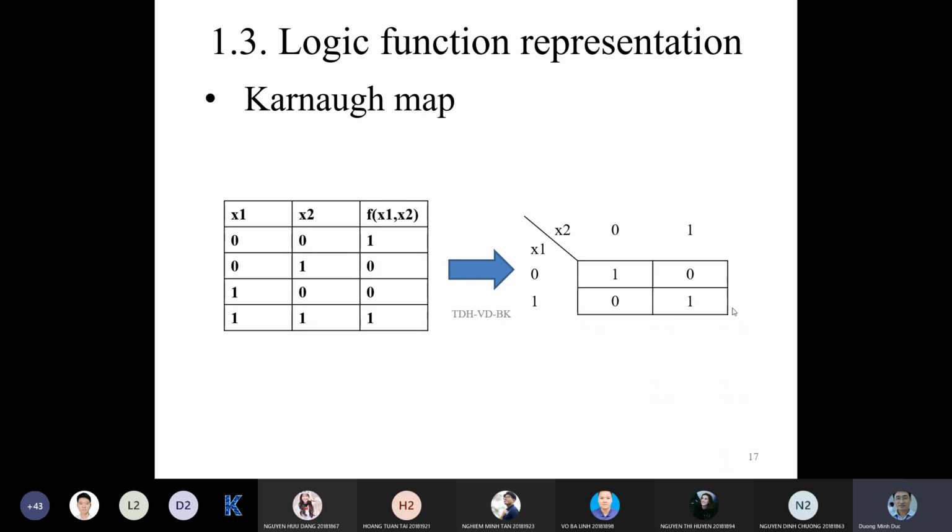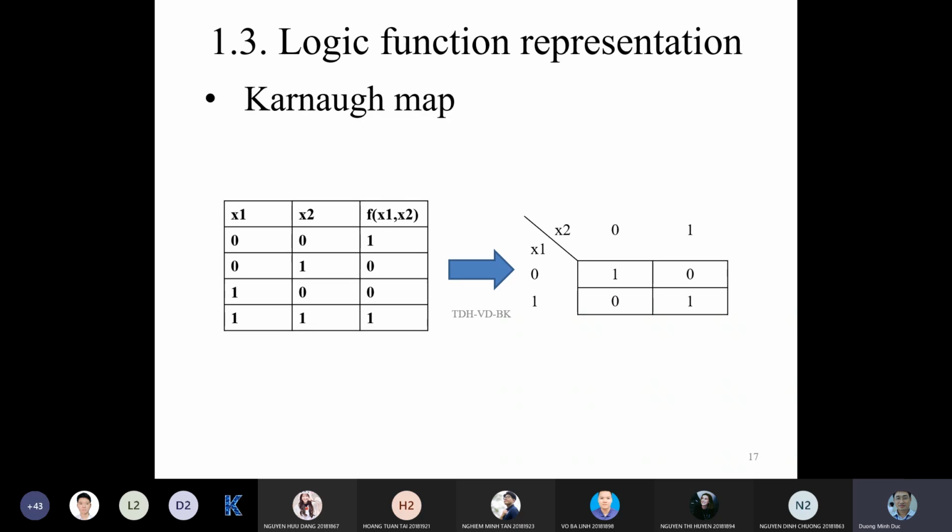Then we have two rows. x2 corresponds to columns, so we have two values, 0 and 1. So we have two columns. So finally we have the table with two rows and two columns, and the values of the function are filled into the blocks corresponding to the values of the combination. Okay, so that's the first case, two variables.